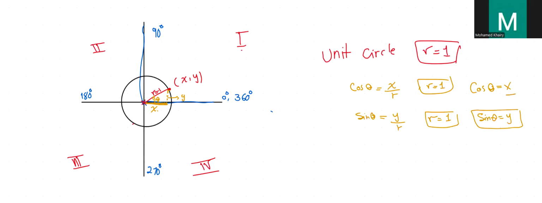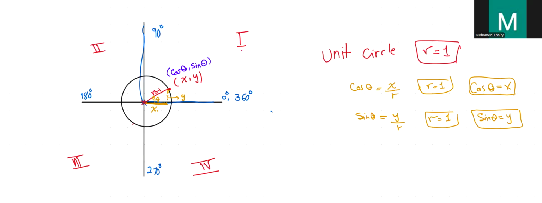So that means we can erase x and y and write the new values. Instead of x, we will have cosine theta. Instead of y, we will write sine theta. See how amazing it is? So it's applicable for all. In the unit circle, what are the coordinates here for each?